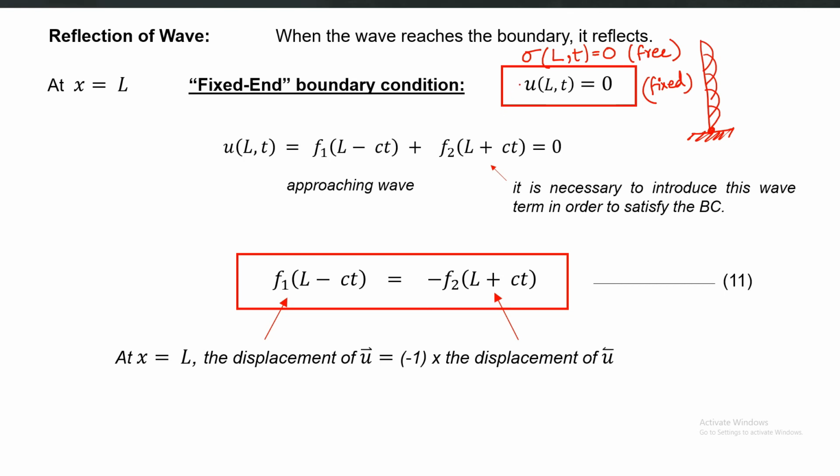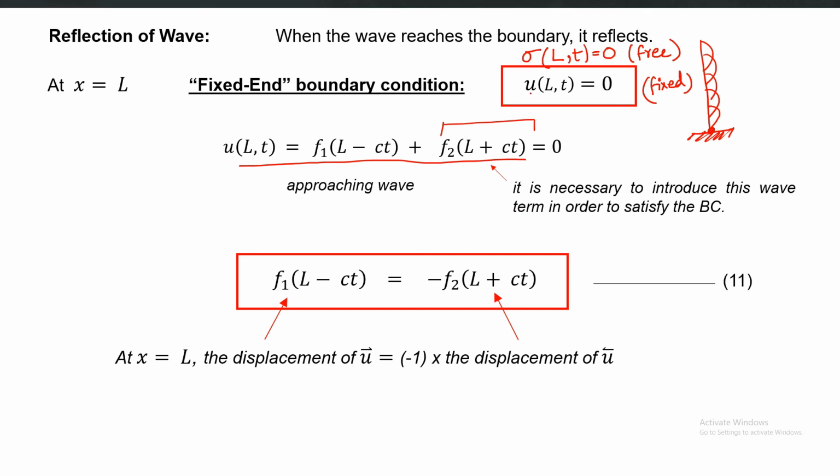Since it is in the form of displacement, we should put that displacement at x equal to L equal to 0. So the displacement function was this one. It is again the sum of two functions. One was the approaching wave, the other was the reflecting wave. So we have to include this reflecting wave in the solution now, because it should cancel out the initial approaching wave in order to satisfy the boundary condition at that fixed end.